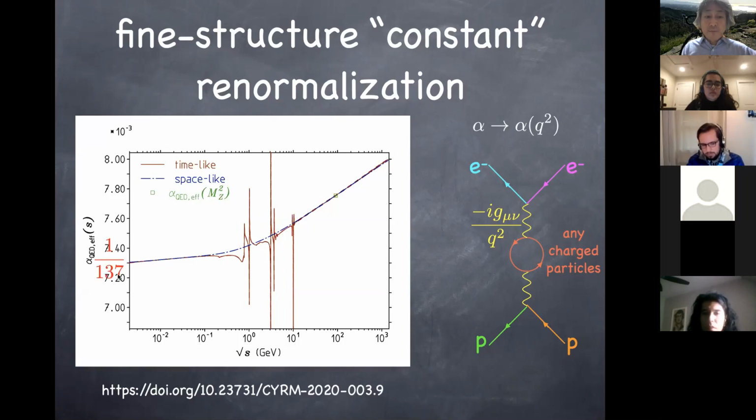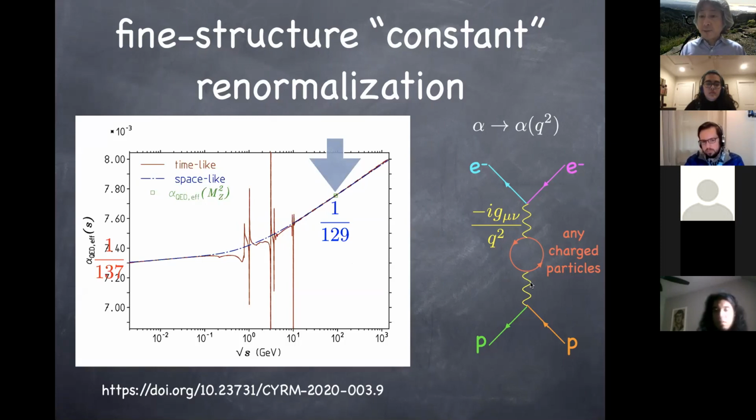1/137 is at zero momentum transfer. But here's one data point measured at the e+ e- collider at CERN called LEP. And the number is different, 1/129, as a result of these quantum corrections to the strength of electromagnetism.